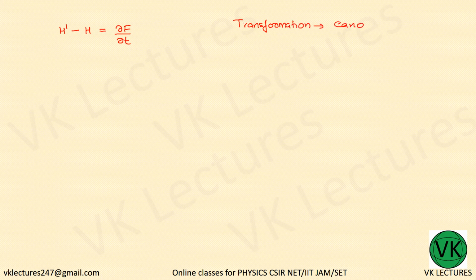So for a canonical transformation, the coordinates q, p change to capital Q and capital P. So a transformation from q, p to capital Q, capital P, for a canonical transformation, you have a generating function F of Q, capital P and t.